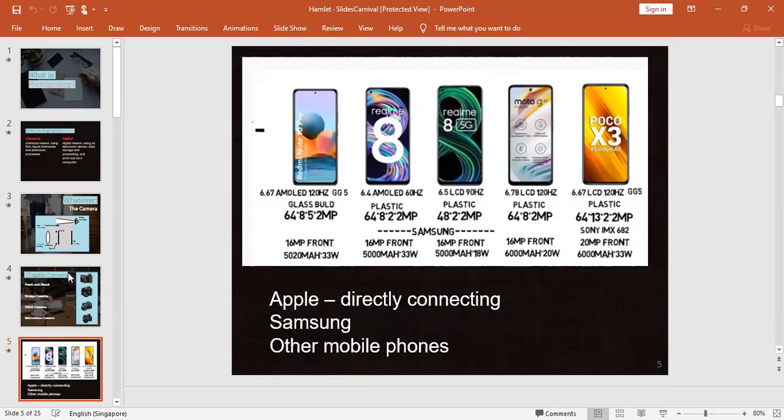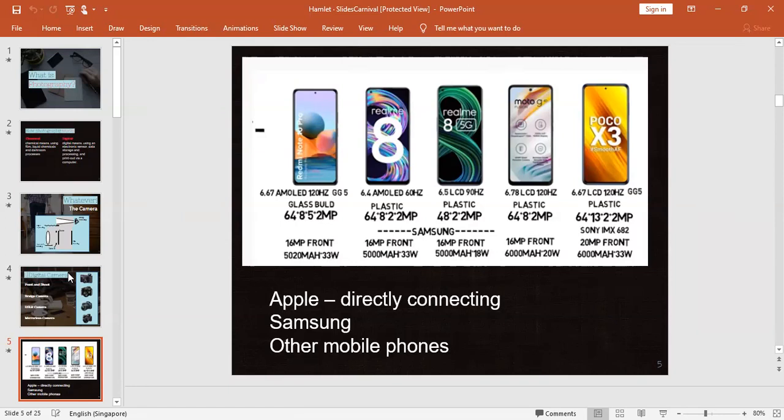And minimum an 8 megapixel camera. Nowadays the mobile phones which you use do have 20 megapixel cameras. Even 64 megapixel camera lenses are available in Poco, Realme, Redmi mobile phones. Even Motorola has launched a mobile phone with a plastic lens, the lens cover.